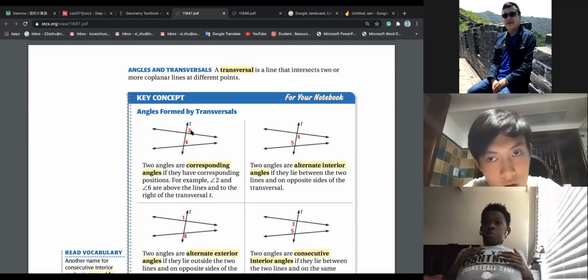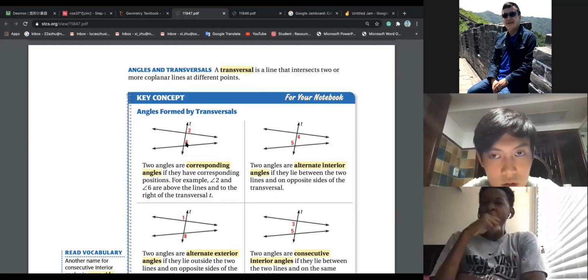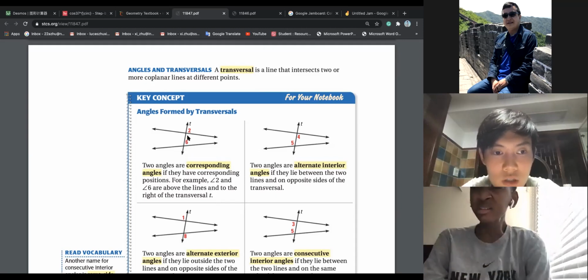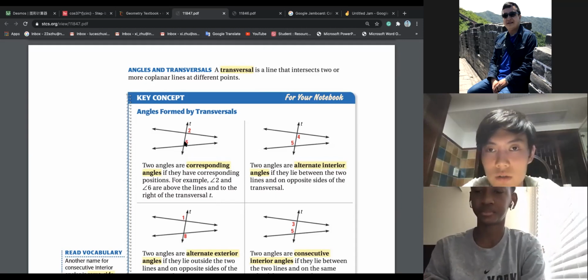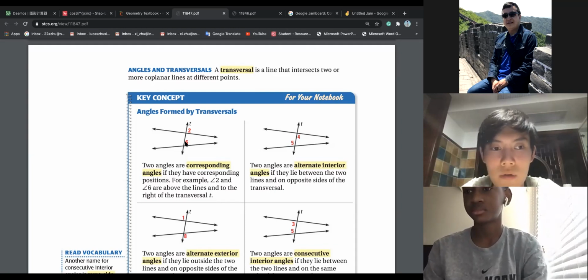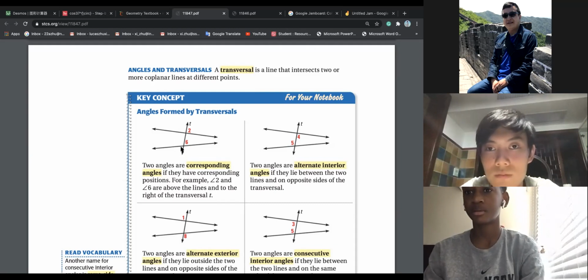Angle 2 and angle 6 share the same position, both upper right, so you call that pair corresponding angles.